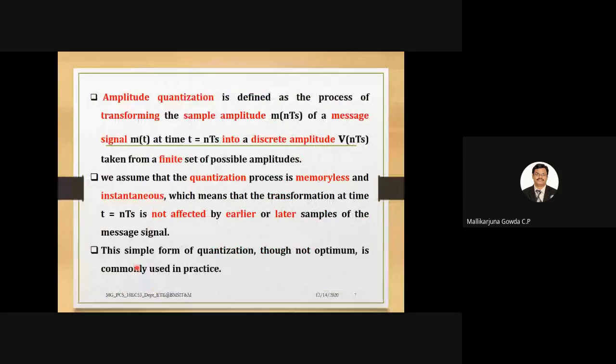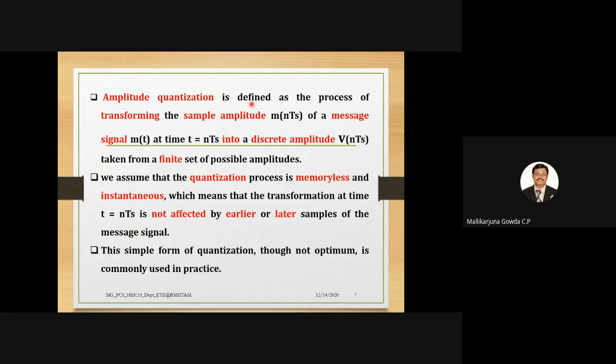Amplitude quantization is defined as the process of transforming the sample amplitude, that is m of nTs, of a message signal m of t at time t equal to n times Ts, into a discrete amplitude, which we represent by v of nTs, taken from a finite set of possible amplitudes.